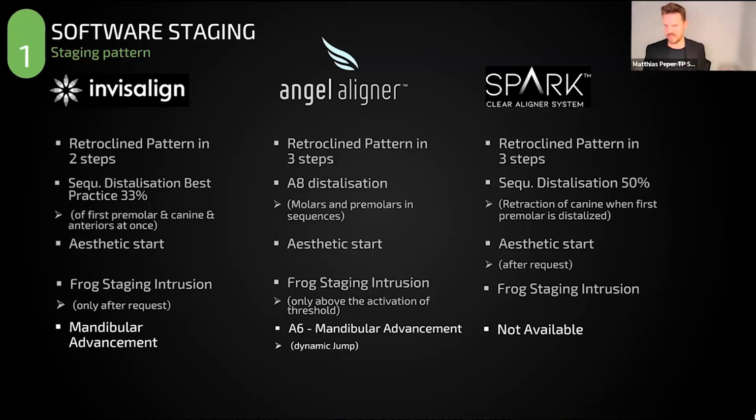I will show you a demo case. And you can see that for Angel Align, the mandibular advancement features are different from what we can see with Invisalign because they are occlusal and not on the buccal surfaces. I will show it to you now.